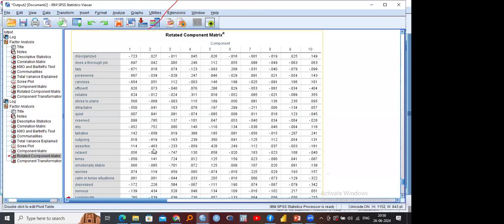How can we find out? For those where this value is lesser, suppose from disorganized to distractible, all of them come under component 1. Generally from component 1 we try not to remove any variable, because most of the variables in component 1 are explaining a good amount of variation. So generally we do not remove that. But with the other components we try to remove the variables. So we reduce from 44, okay.